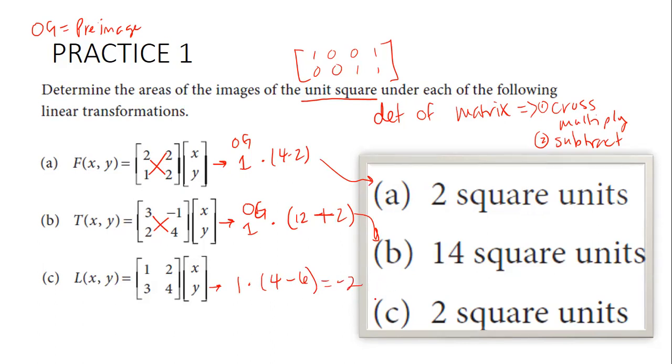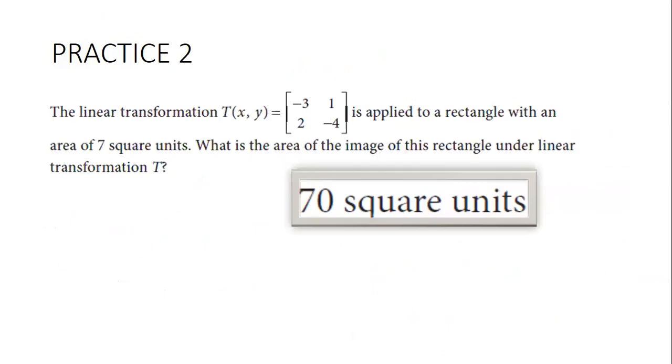However, area can't be negative, so it's going to be the absolute value of that, which is just 2 square units. Can you find the area of a unit square? Is it terrible? Okay. All right. I'm going to keep going.